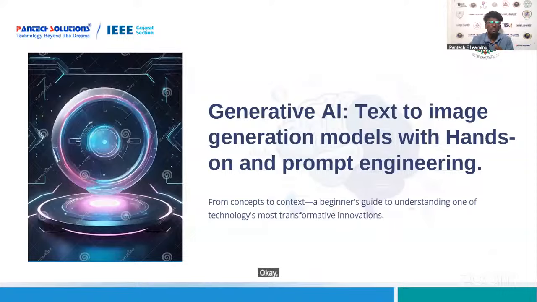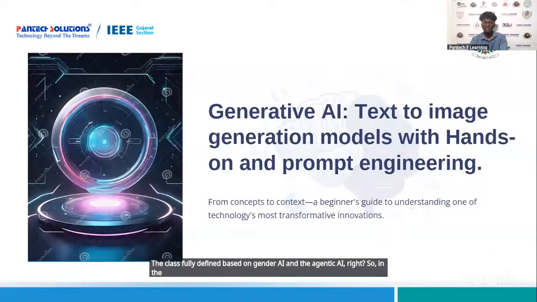Okay, so the class is fully based on generative AI and agentic AI, right? In the first 3 days, we discuss generative AI, and in the last 2 days, we discuss agentic AI. Yesterday we discussed basic image generation.